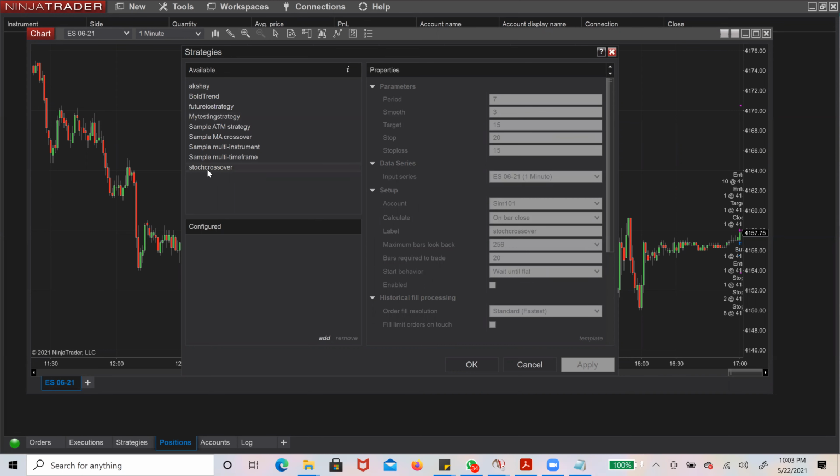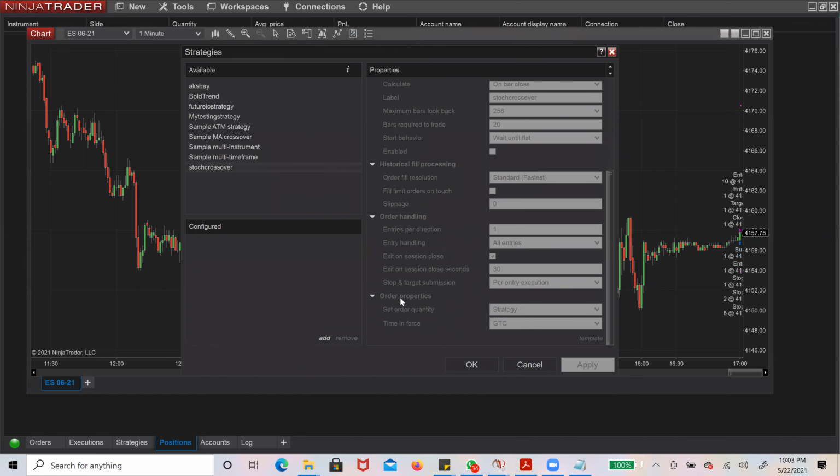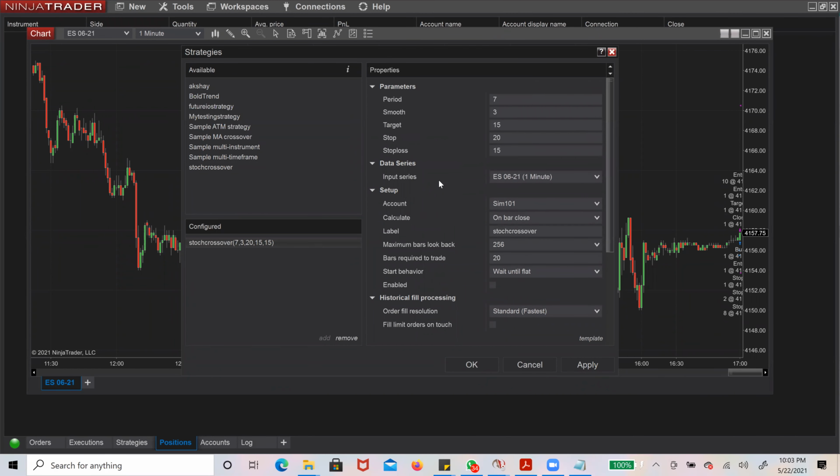Stochastic crossover. I was playing around with that as well. So what it's going to do is, where is it? Okay, let me add it here. We will do the one session. Yeah, this is a bigger problem. Right?